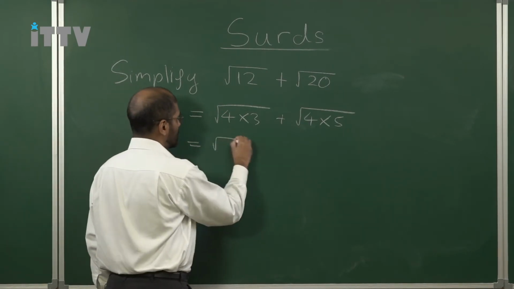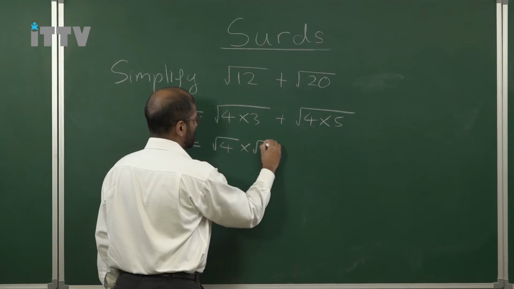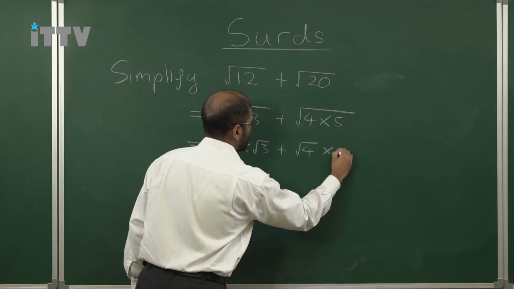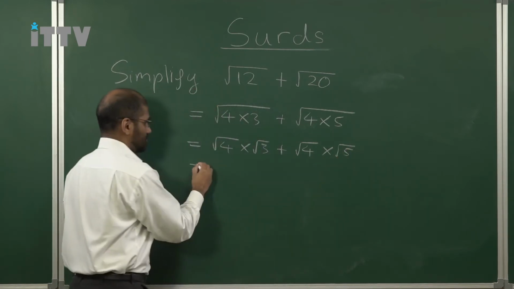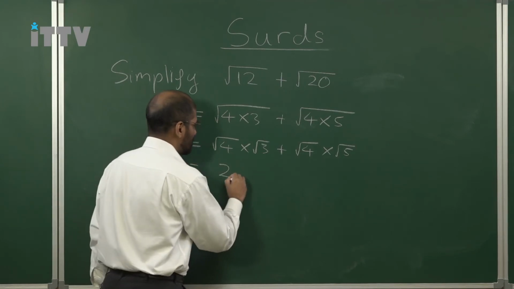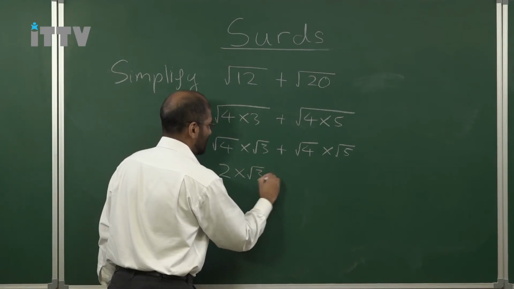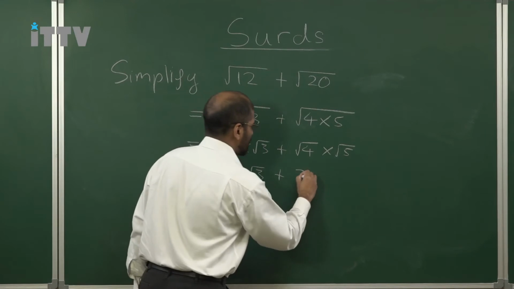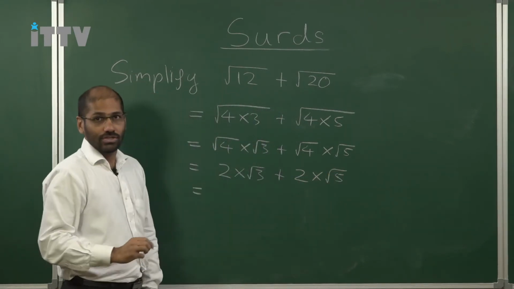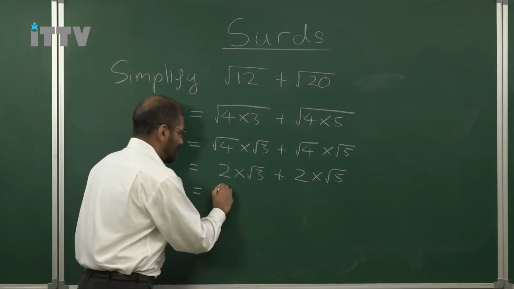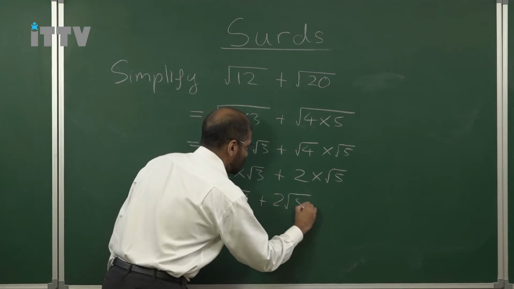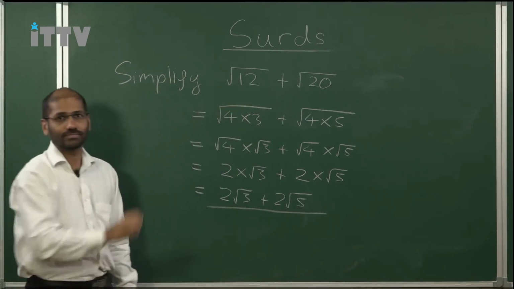So I'm going to rewrite this as surd 4 times surd 3 plus surd 4 times surd 5. And surd 4 can be simplified. So this gives us 2 times surd 3, and this gives us 2 times surd 5. So finally the answer can be rewritten as 2 surd 3 plus 2 surd 5.